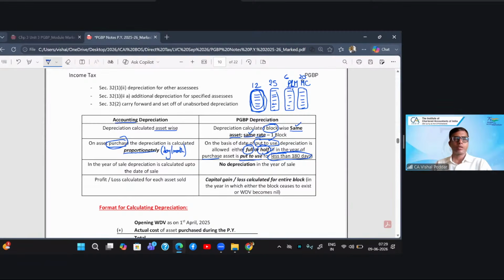So what is the condition for when you have to take half depreciation? If in the year of purchase, the asset is put to use for less than 180 days. Now, interestingly, you will say, sir, we'll have to count every time.